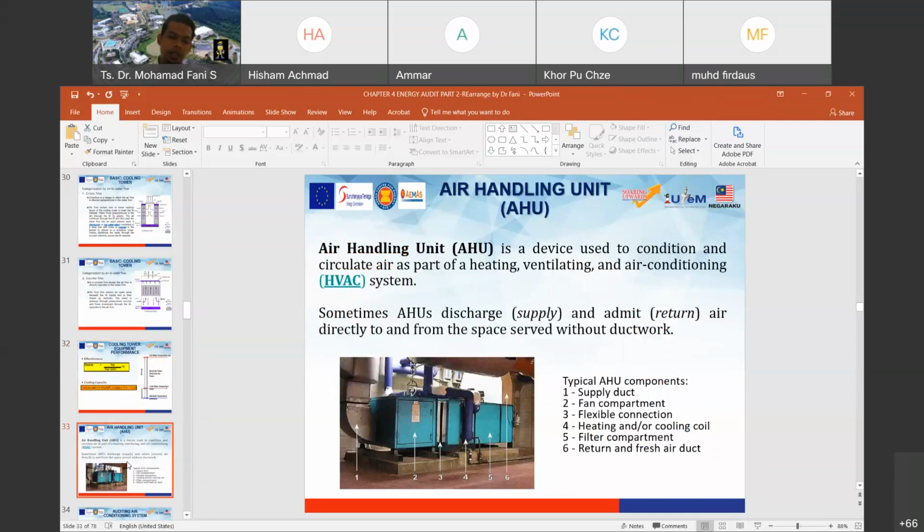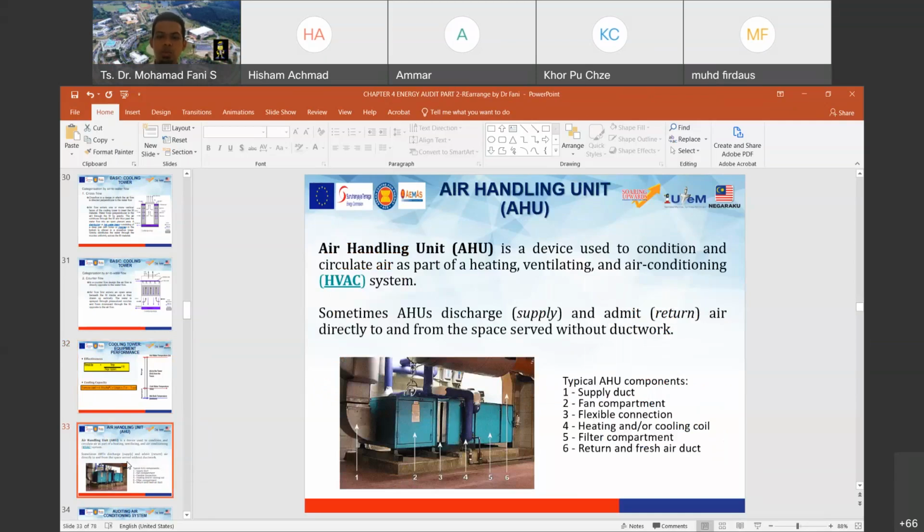Okay, after the cooling tower, the communication process between the cooling tower and the chiller plant, the third component for the chiller system is the AHU.